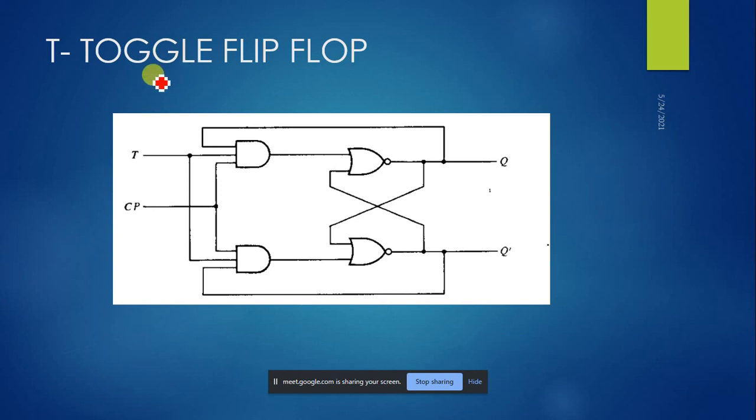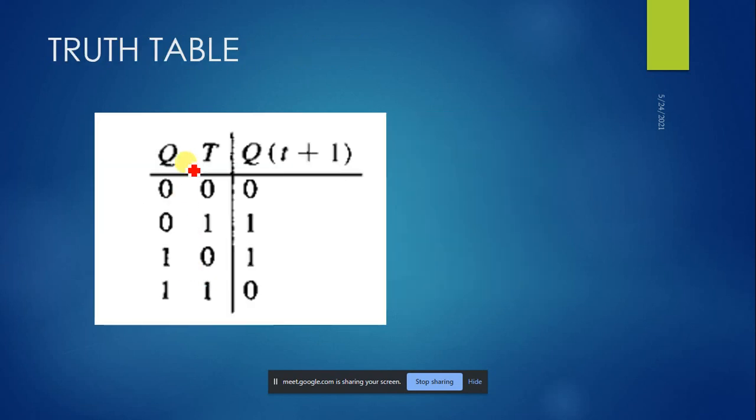We have another flip-flop called the toggle flip-flop. The word toggle means what? It goes on and off. The number of possible states in the case of the toggle flip-flop is basically 4, with 2 toggle states, either 0 or 1.